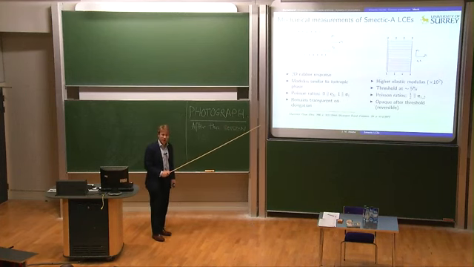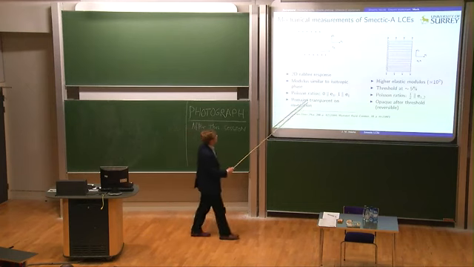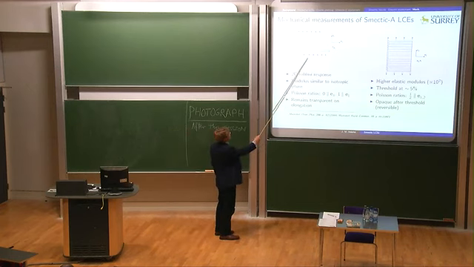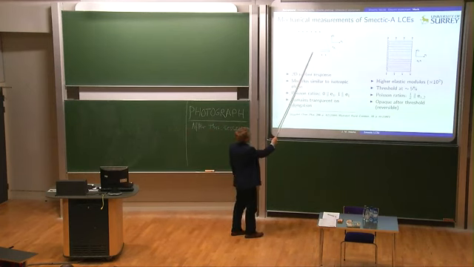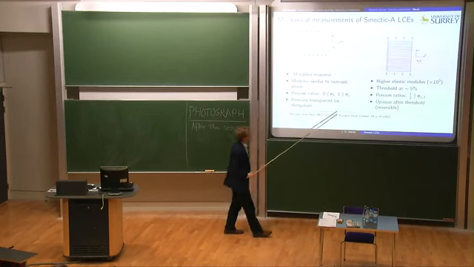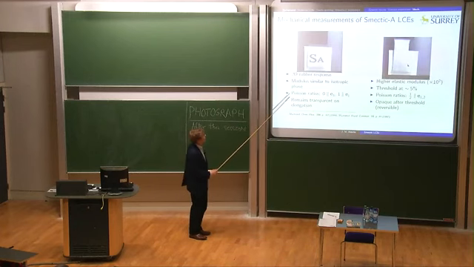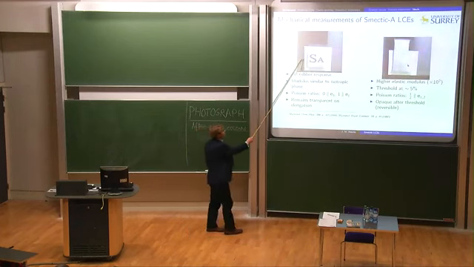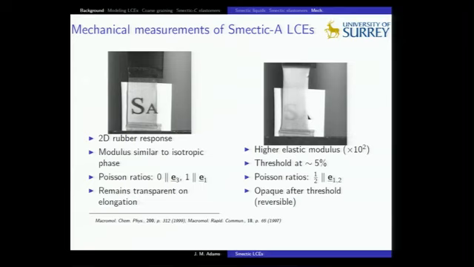As I said, they have highly anisotropic properties. Mechanical properties depend on whether you stretch them perpendicular to the layer normal or parallel to the layer normal. If you stretch them perpendicular to the layer normal, then the sample remains transparent, and it has Poisson's ratios of 0 and 1. In the direction parallel to the layer normal, the sample doesn't contract at all, and all the volume conservation is done by contracting in the plane of the layers.